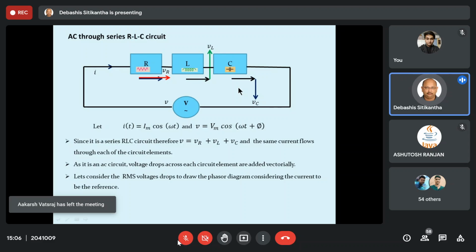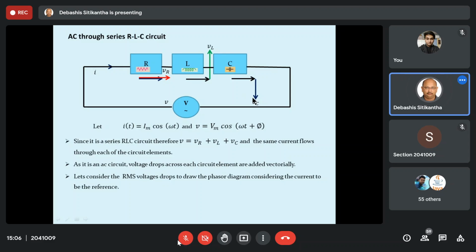Vector addition and algebraic addition are completely different from each other. Since phasor algebra follows vector algebra, we will add all these voltage drops in a phasor diagram, which is the easiest way to add the vectors, using less energy, less complexity and less time.